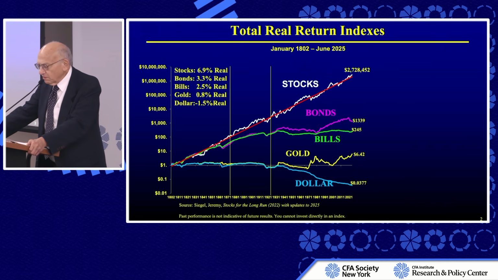It is total real returns after inflation, including reinvested dividends or interest, capital gains and losses, as the case may be. There's a couple of things that are striking about it.